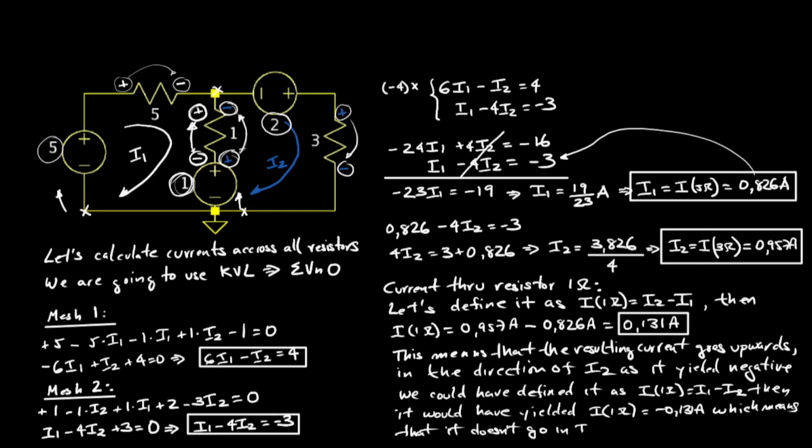Once I do this, I can go around the mesh the way I want. I can go clockwise or I can go counterclockwise, depending on the way I decide to go. I'm going to find different signs in the equations, but at the end, it is going to be the same. So it doesn't depend on the way I go around the mesh. I'm going to get the same results.